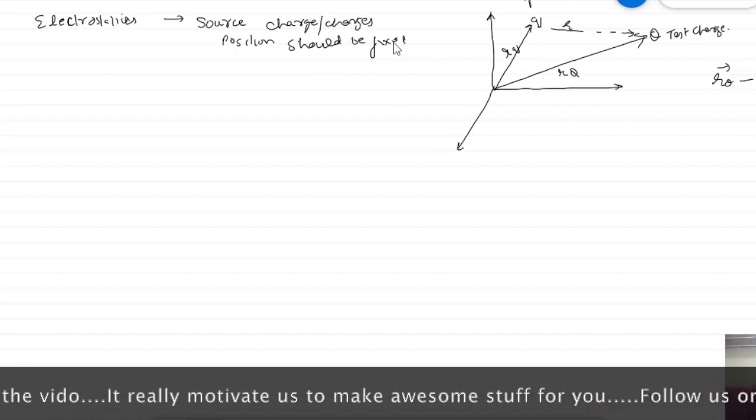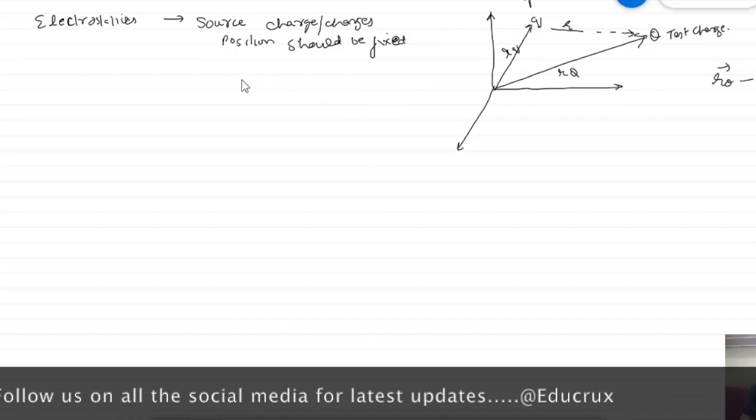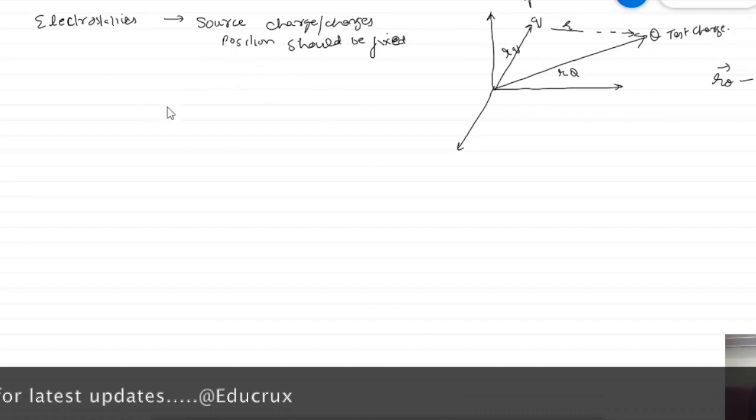That is, the source charge should be static.